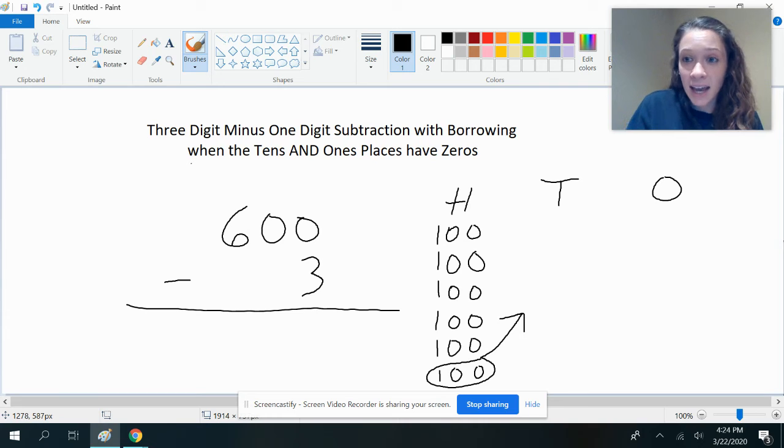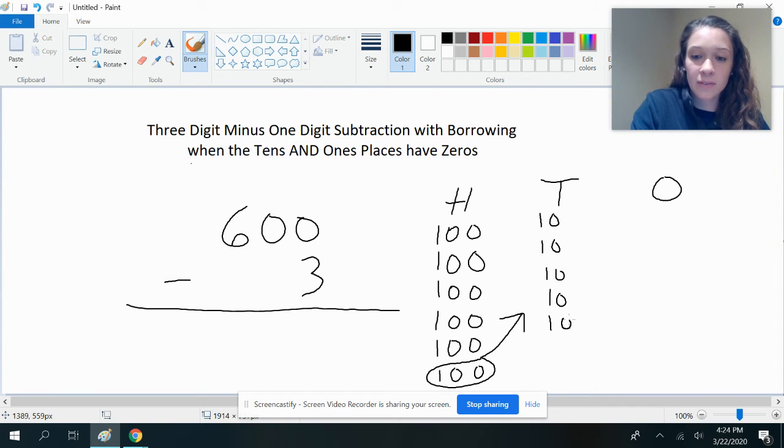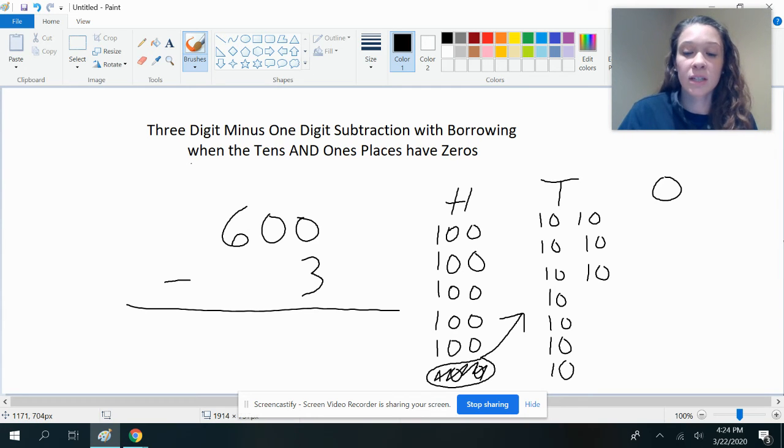Remember, 10 tens is 100, so I'm going to write out 10 tens, 10, 20, 30, 40, 50, 60, 70, 80, 90, 100, and I'll cross out that 100 because it's not there anymore since I moved it to the tens.